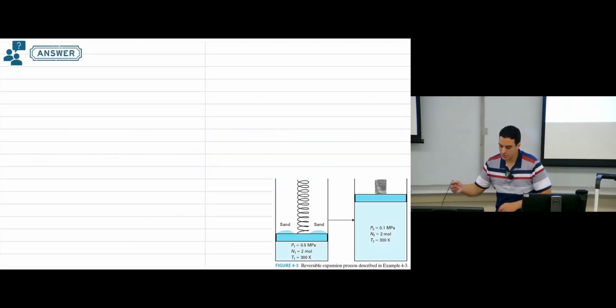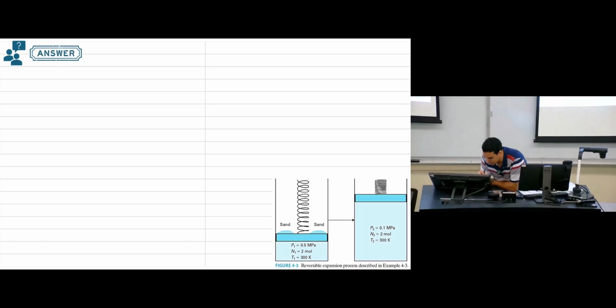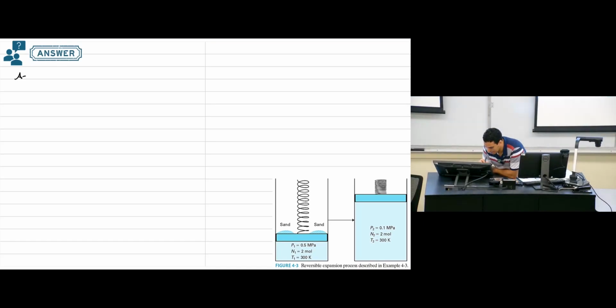So for this process, again, as we said from the previous example, we have work of expansion contraction. This will be negative Q. And then we need to calculate the work of expansion contraction.